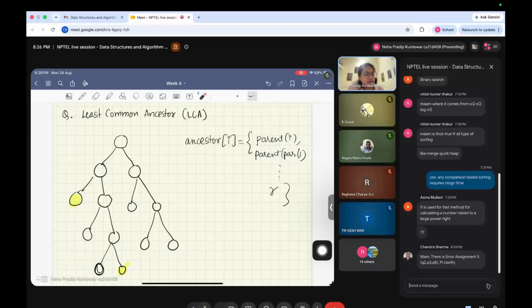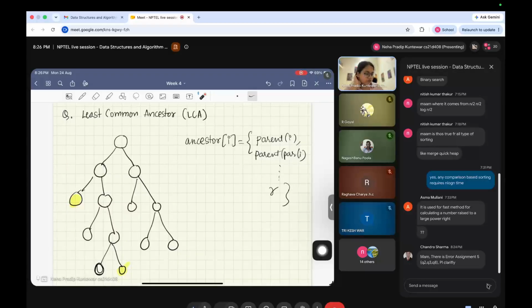So the root is an ancestor for all the nodes. If I give you any two nodes, the common ancestor is always root. But I want to find the least. So let us say this is at a higher level, this is at a lower level, and so on. By least common we mean we want a common ancestor as low as possible.